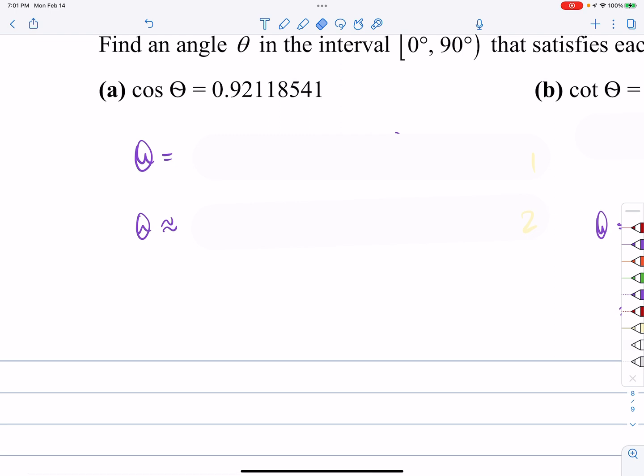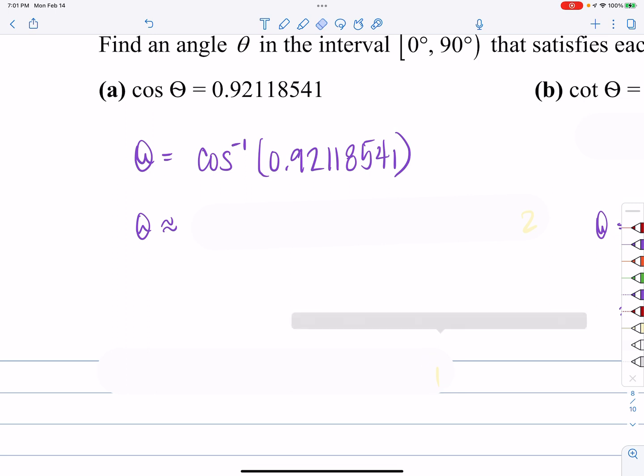If I want to find my theta, I'm going to use my cosine inverse of that ugly decimal, 0.92118541. So in your calculator now, push second cosine, and then type in that long decimal.